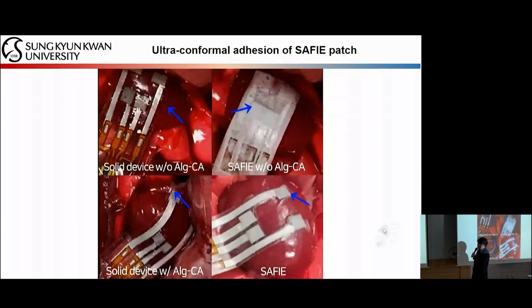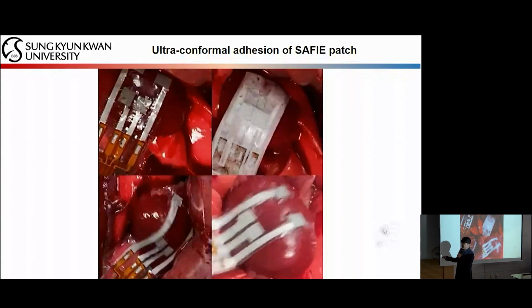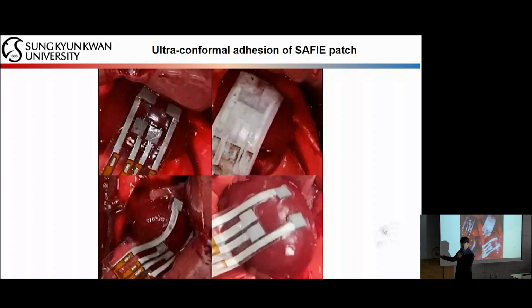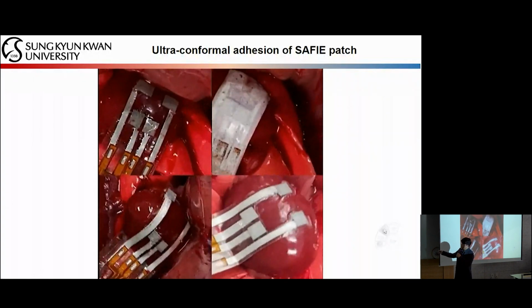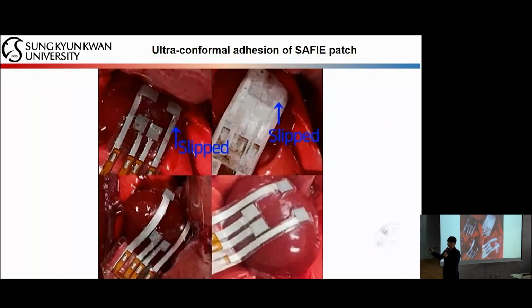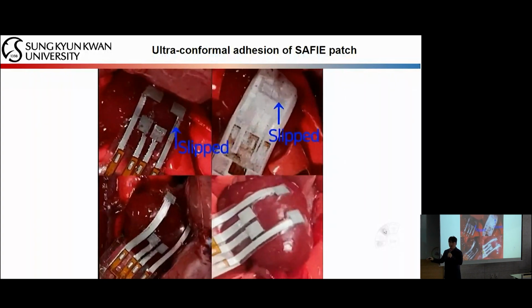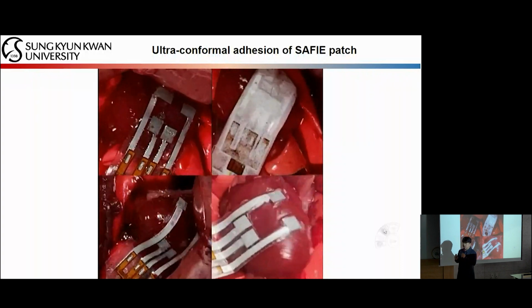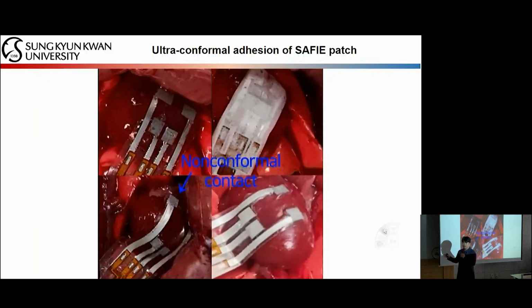So let's see the movies. This is our case. The patch was stably attached to the cardiac tissue. How about this? These all slipped from the original state because they did not have the adhesive material.